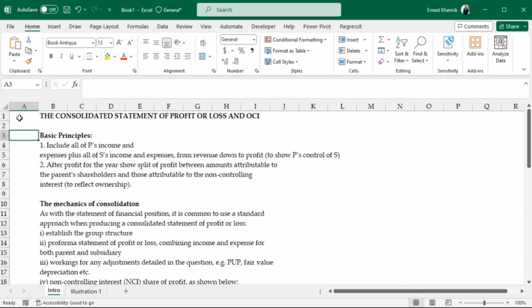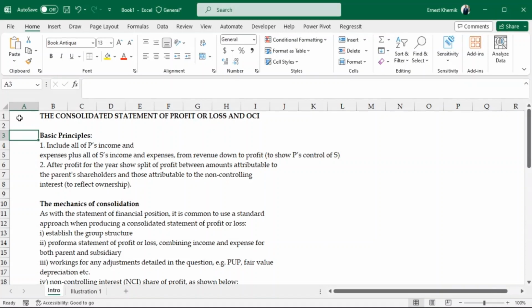The basic principle is that we are adding the income and expenses of the parent and the income and expenses of the subsidiary or subsidiaries, if there are more than one, from revenue, which is the first line item on the statement of profit or loss, down to other comprehensive income, or the profit for the year, if it is only the Consolidated Statement of Profit or Loss. So that is the basic principle.